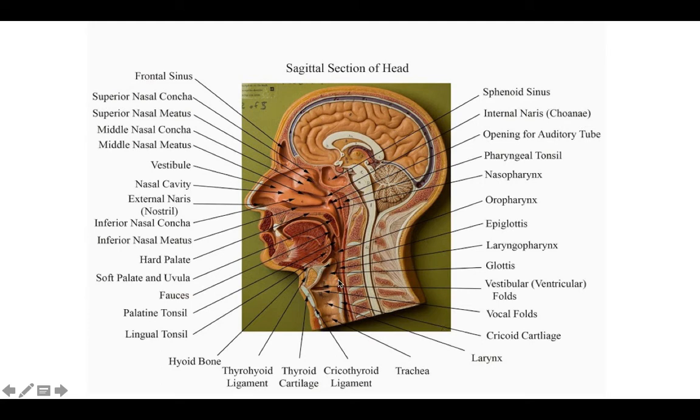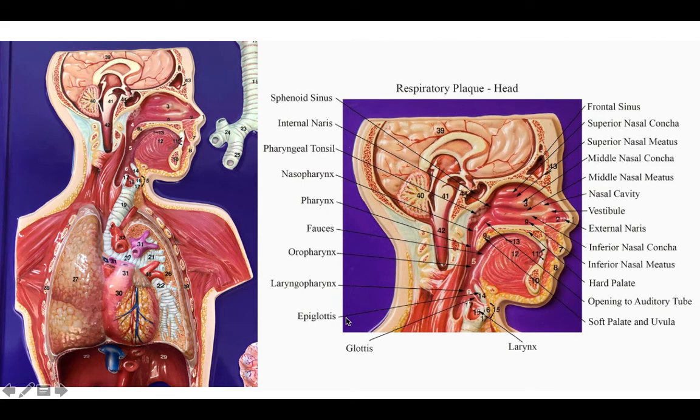And obviously you want food to go down the esophagus, which is the tube right behind the trachea. I don't know if you can see this any better here. Yeah, you can see this a little better in this diagram. So here again is the larynx, and here would be your epiglottis.